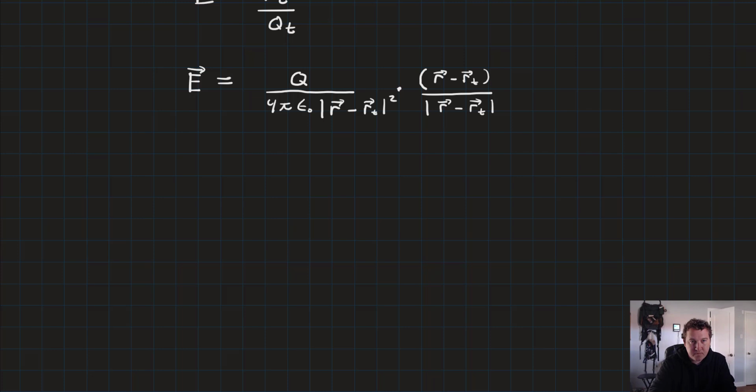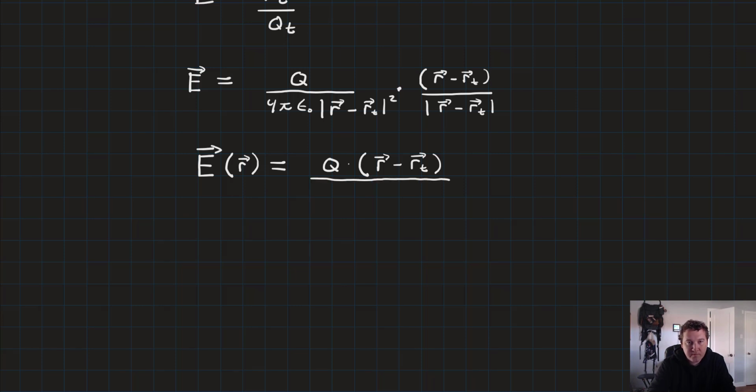So here's the punchline. If we want to find the electric field caused by a charge Q at some point given as the vector R, that's going to be equal to Q times R minus Rt, being our test vector, over 4 pi times epsilon naught times the magnitude of R minus Rt cubed.